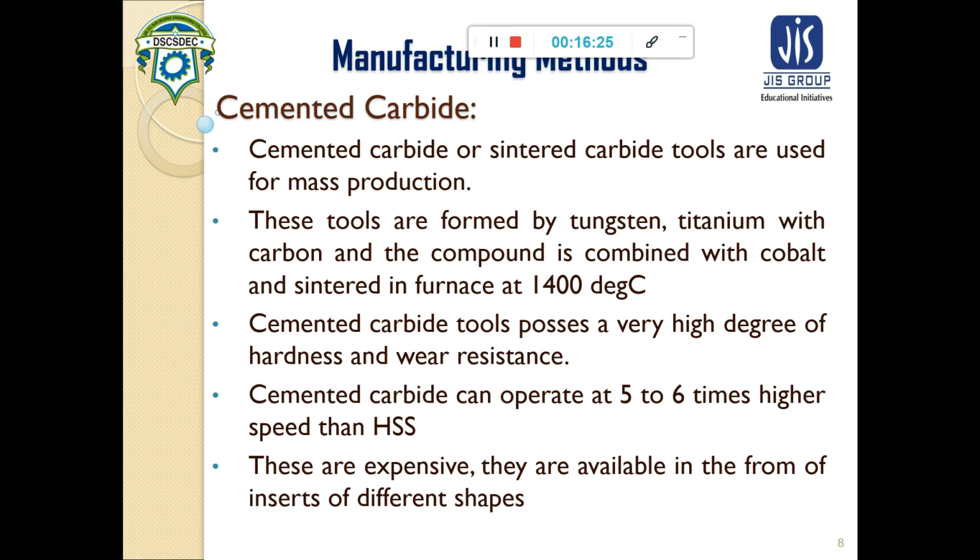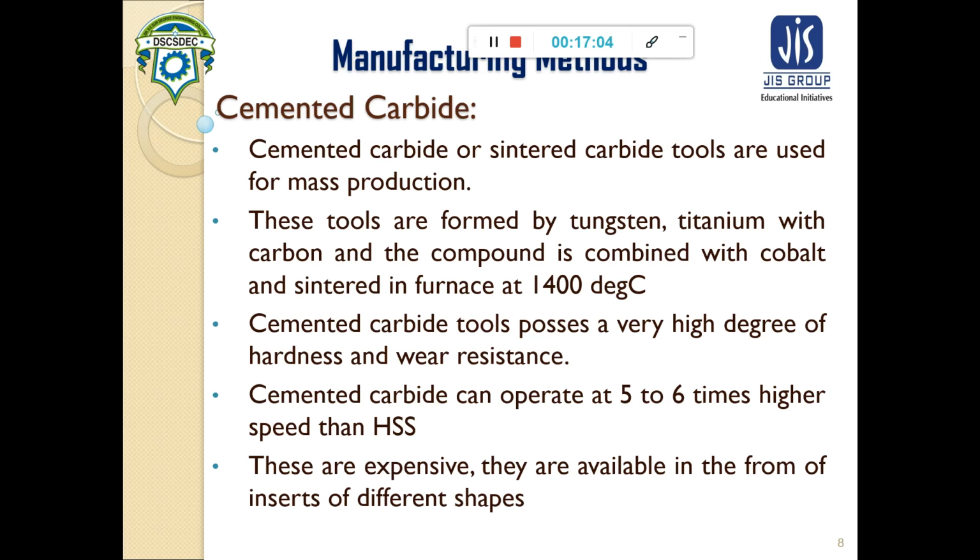So what is sintering? For making this cemented carbide, we just add tungsten, titanium and carbon along with cobalt in powder form, and that powder is shaped in a mold and bound by using some binder. That whole cake-like structure is placed in a furnace and baked at 1400 degrees Celsius.